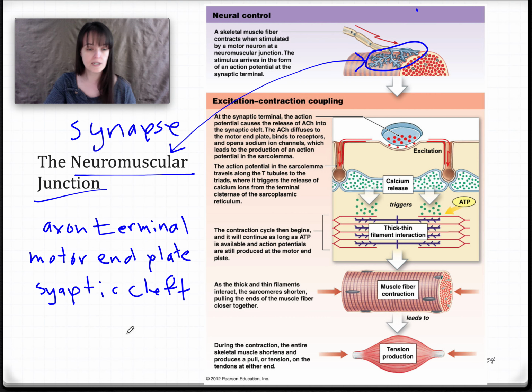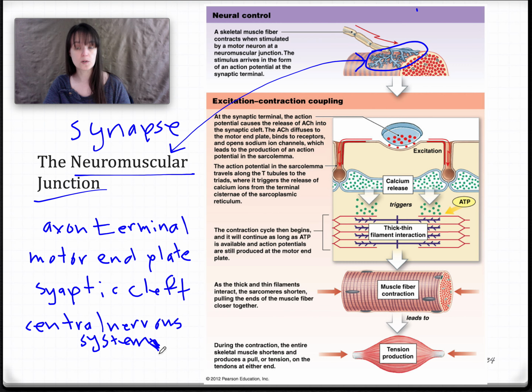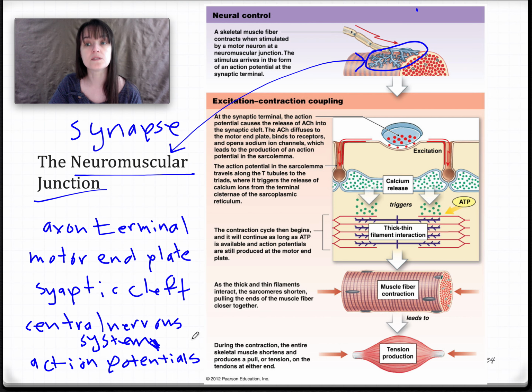And the motor neurons of the central nervous system, the CNS, which includes the brain and spinal cord, carry instructions in the form of action potentials to the muscle cells.